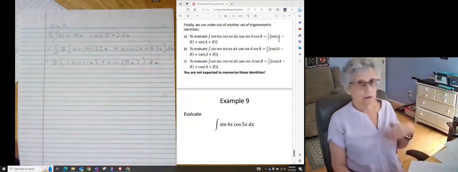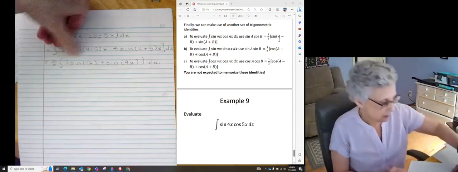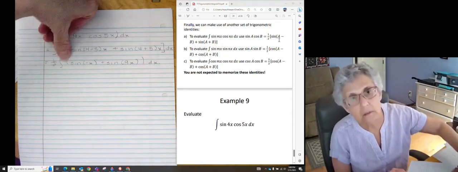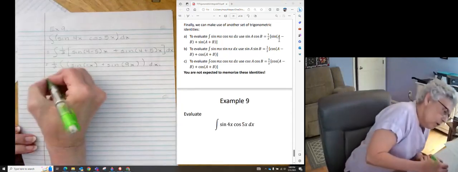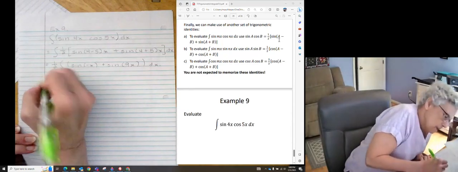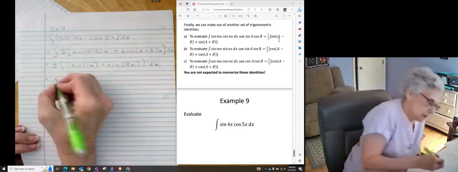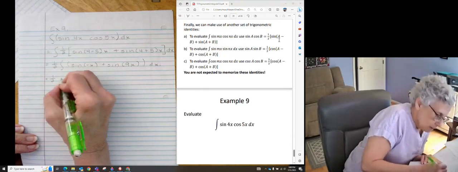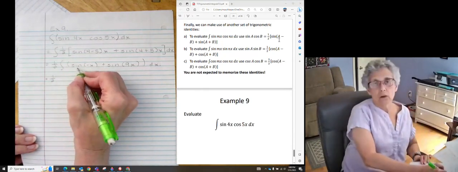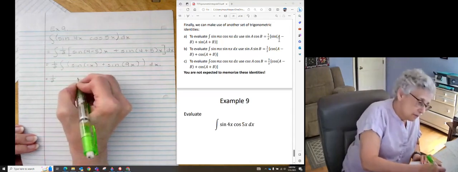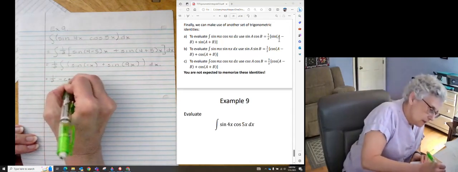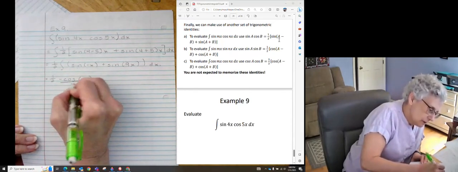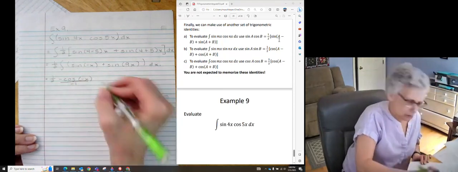And either you remember that even-odd identities tell us that sine of negative x is the same thing as the negative sine of x, or you just let u be equal to the negative of x. Either way, you end up with the integral of sine is negative cosine, so you have negative cosine of negative x over negative 1.